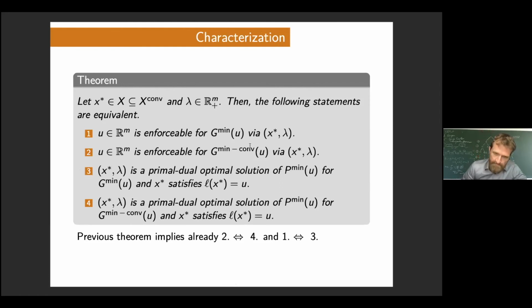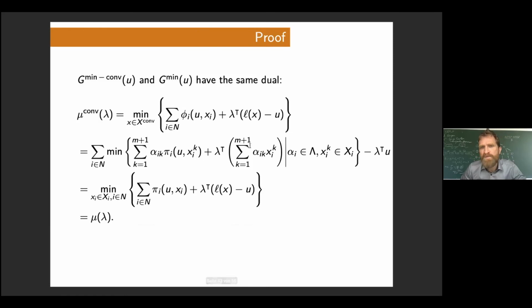And to prove this, what basically happens is one can observe that the convexified game can be treated as before. We have the exact characterization of enforceability by strong duality. So I think it's very important to look at the dual of that master problem for the convexified version. And if you do that, you see this is the dual function.